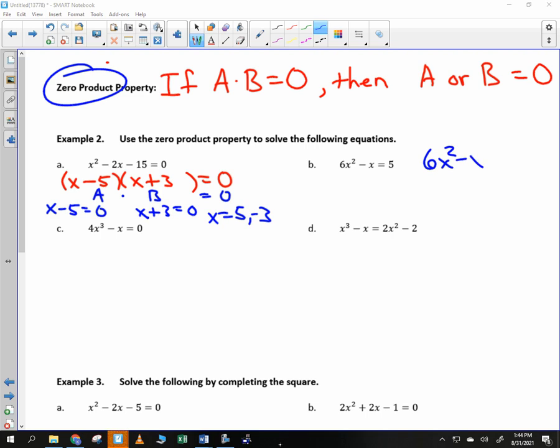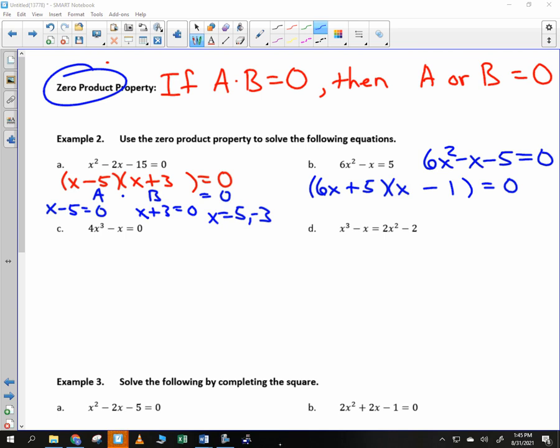6x squared minus x minus 5 is equal to 0. Now I am allowed to go to work. Does that factor? Very good. 6x plus 5 and x minus 1.